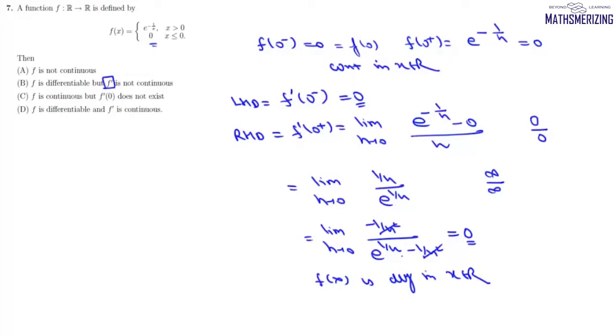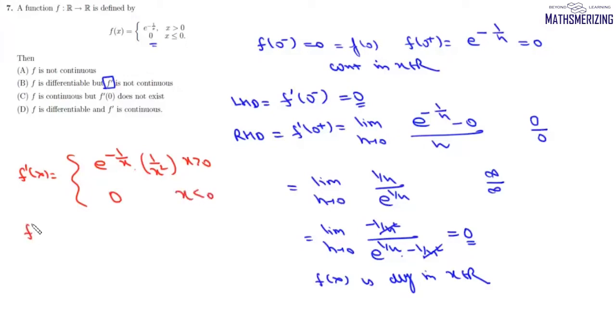Now if we look at f dash x, it will be defined as e to the power minus 1 by x into 1 by x square when x is greater than 0, and it will be 0 when x is less than 0.